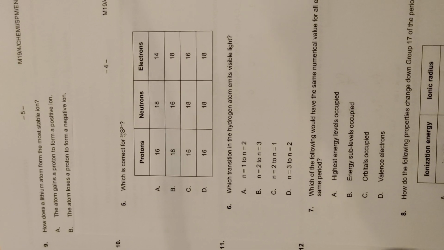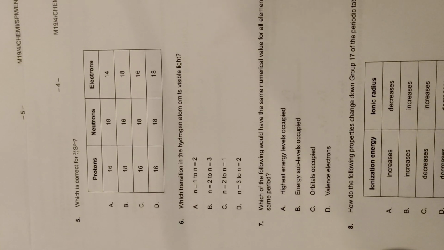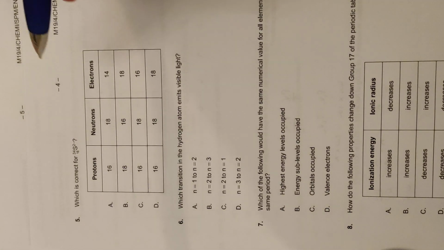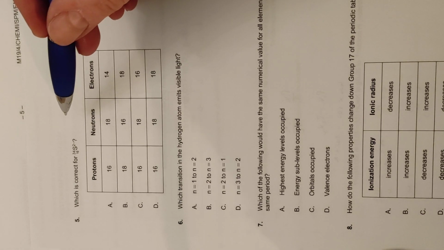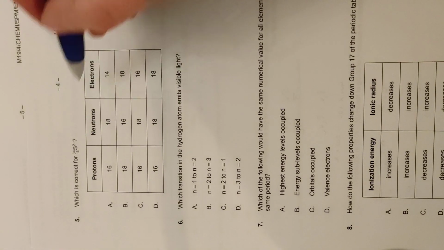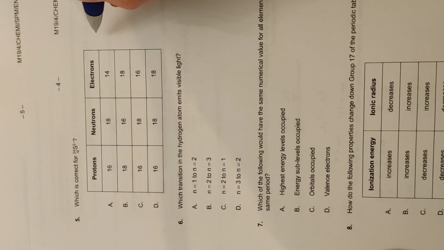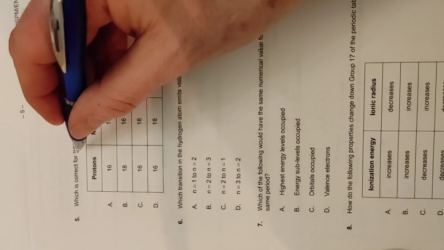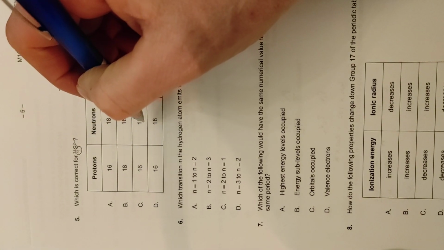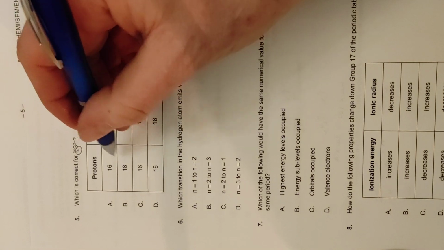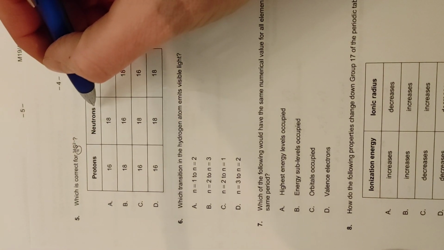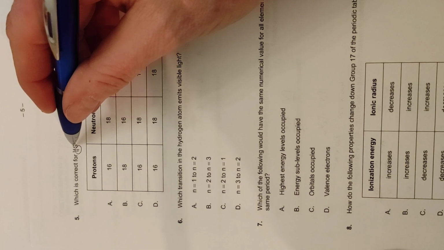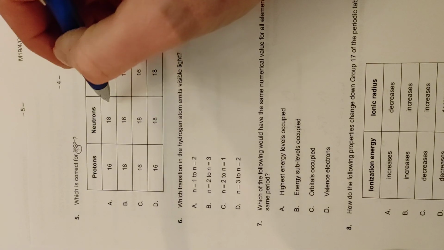Turning over to question 5. What is correct for 34 16 S2 minus? So here we've got, there's a sulfide ion, therefore the number of protons here is 16, so it's either A, C or D. The number of neutrons, okay, take away 16 from 34, so that's 18.